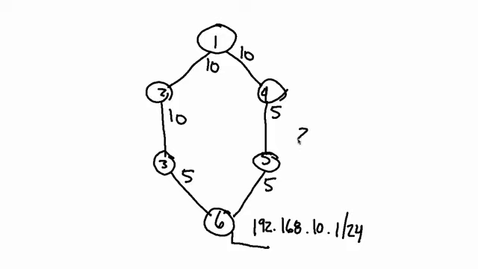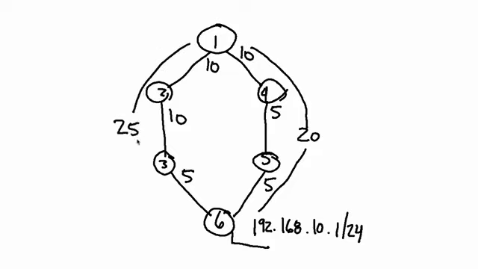So going via router 4, that path has a total cost of 20. And going via router 2, that path has a total cost of 25. And we know that OSPF uses the lower cost to make its decision on which path to take. So the total cost of 20 wins out, and we will choose router 4.